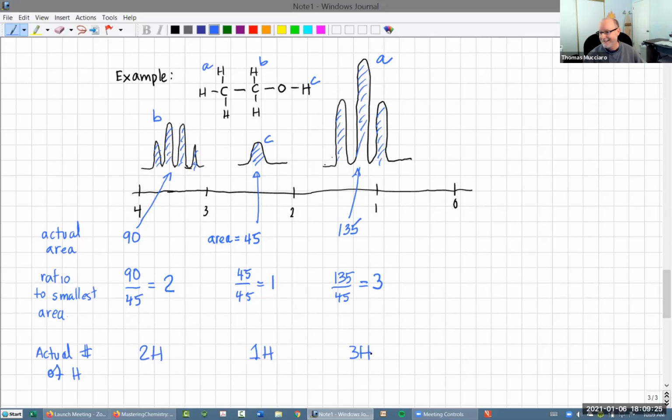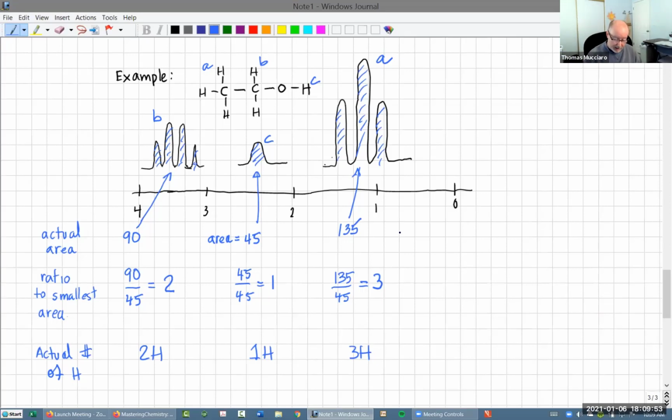The first one is the hardest, where you're just given the numerical values for the area that was calculated by the computer. Then you have to do the division, and then get them into whole numbers, and then you also have to figure out if there are symmetries that cause those to be multiples of those whole numbers, okay? Make sense?